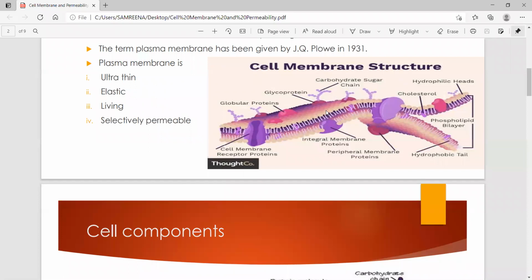Glyco means carbohydrate, and lipid means it is attached to lipids. Glycoproteins means carbohydrate attached to the proteins. From the outer side they attach either with phospholipids or with proteins: glycoproteins and glycolipids.